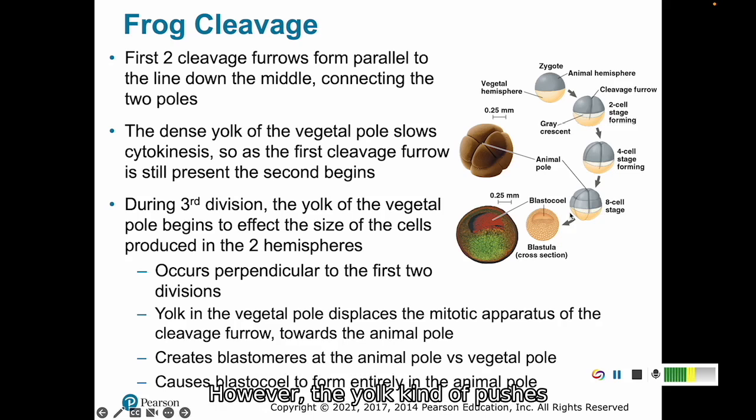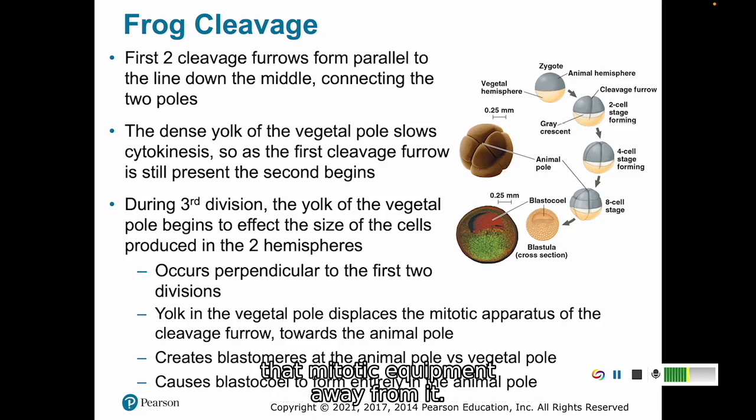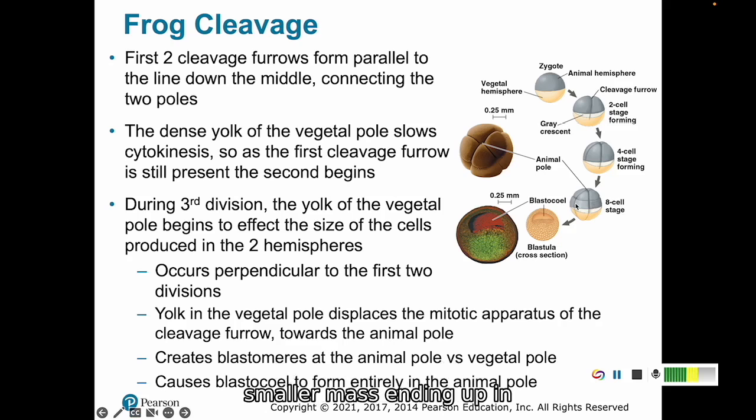However, the yolk kind of pushes that mitotic equipment away from it, so you end up with a smaller mass in the animal hemisphere than in the vegetal hemisphere. It's also going to cause a blastocoel to form entirely in the animal pole, because the yolk is taking all the space in the vegetal pole.